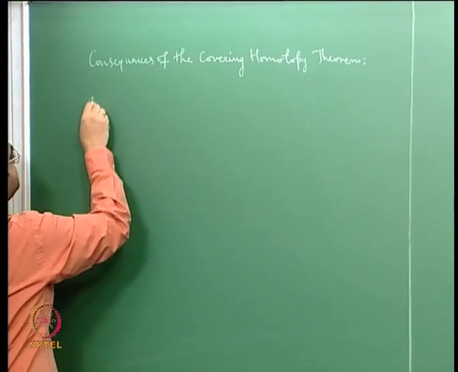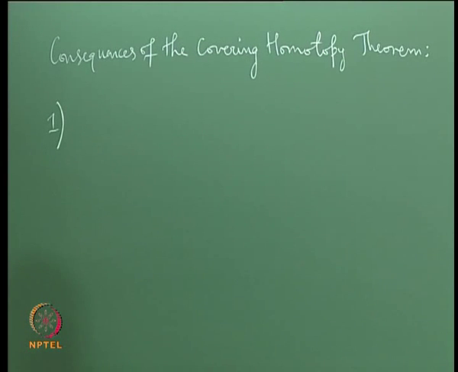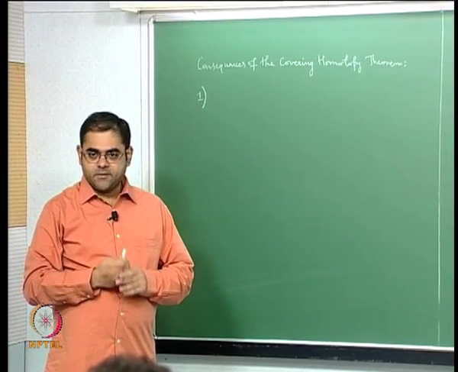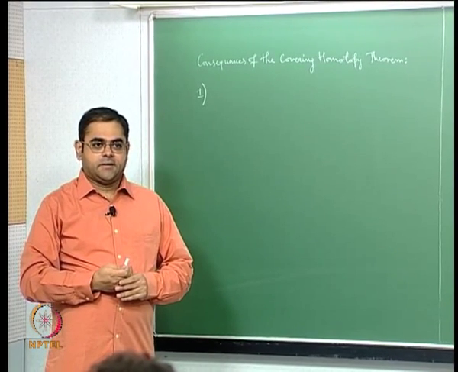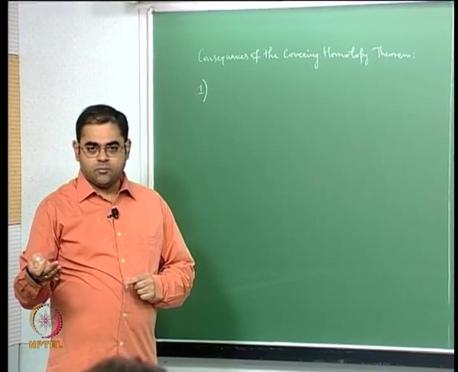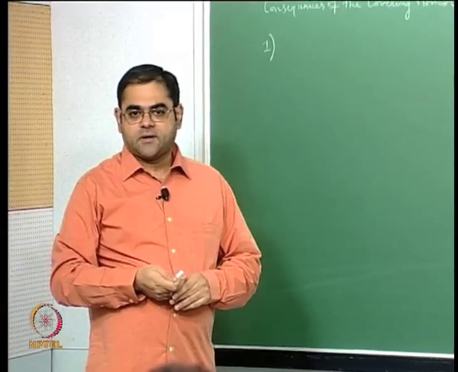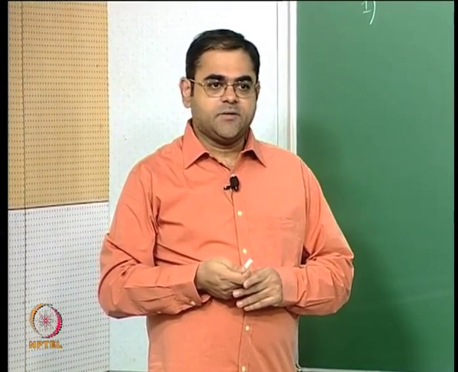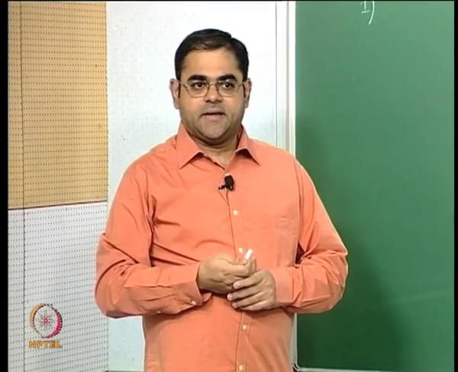Number 1, the first consequence was the fact that if you take a covering space, then the fundamental group of the covering space maps into the fundamental group of the base space, namely the natural map induced by the functor of forming fundamental groups is injective.